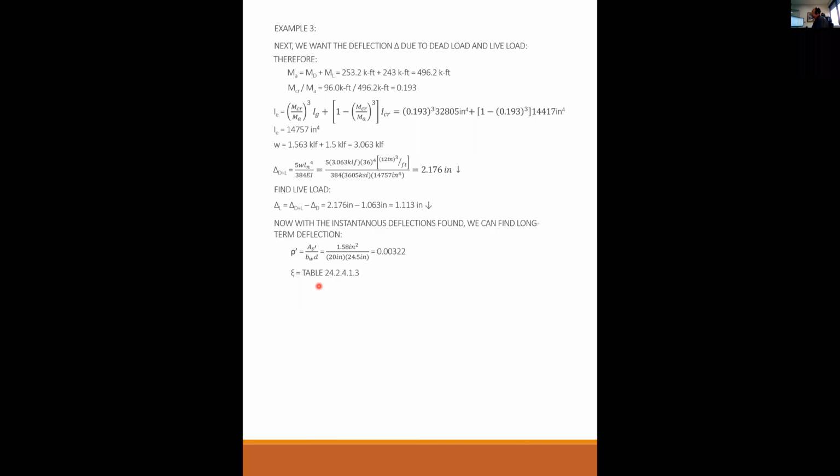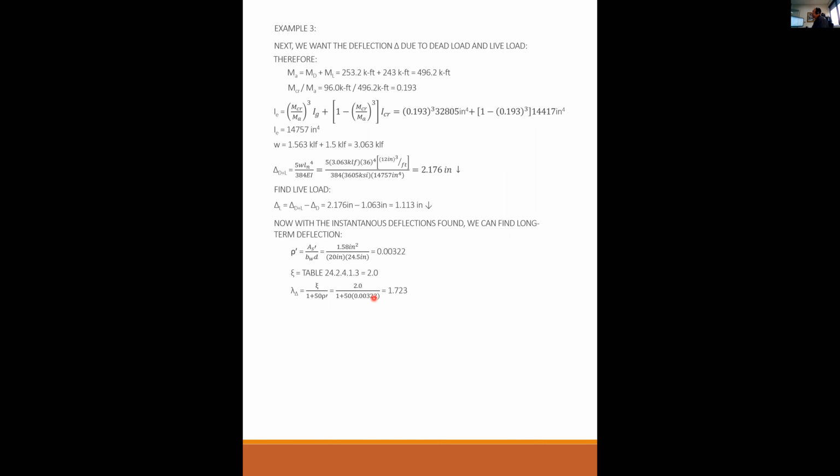So psi, according to the table, is 2 for 5 years. And lambda delta is psi over 1 plus 50 times rho prime. So 2 over 1 plus 50 times 0.00322 is 1.723.